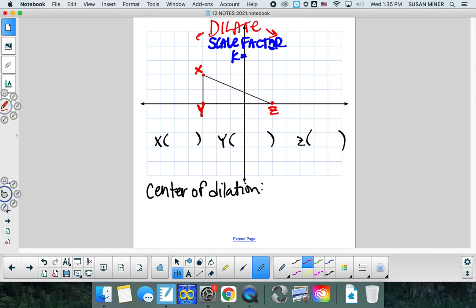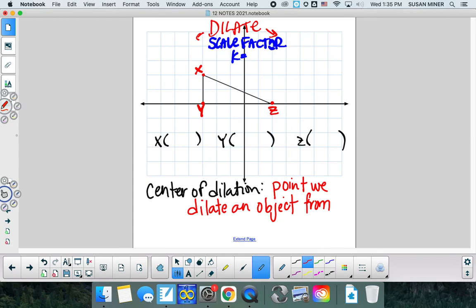But in this class, for our purposes, we're going to start with just the basics. And so our center of dilation, it's the point we're dilating from, and we are only going to use the origin.